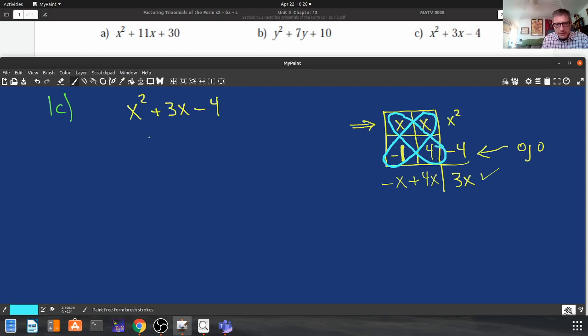So my factorization is x plus 4. If it doesn't have a sign, it's considered to be plus, and x minus 1. So you can multiply that out, and you will discover that x squared plus 3x minus 4 is x plus 4, x minus 3.